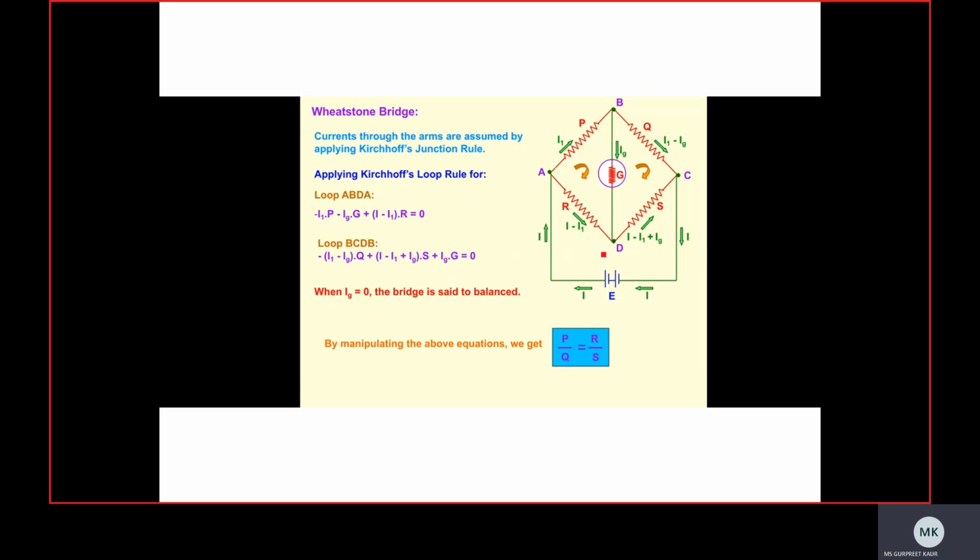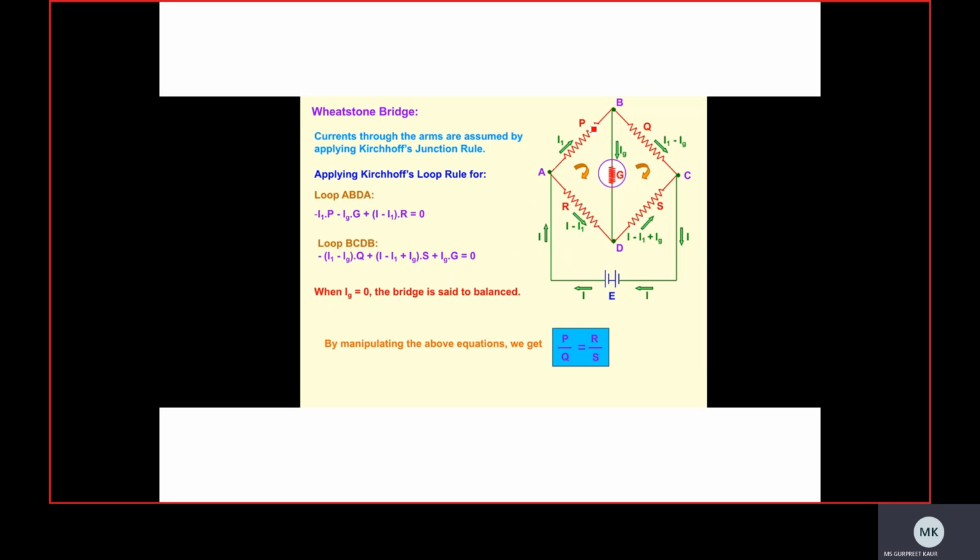Between the terminals A and C, you have the source, and between the terminals B and D, you have a galvanometer. So current I starts from this source, reaching point A. Here division of current takes place. I1 current flows through resistance P, and out of total current I, if I1 flows through P, what is the current through AD? It will be I minus I1.